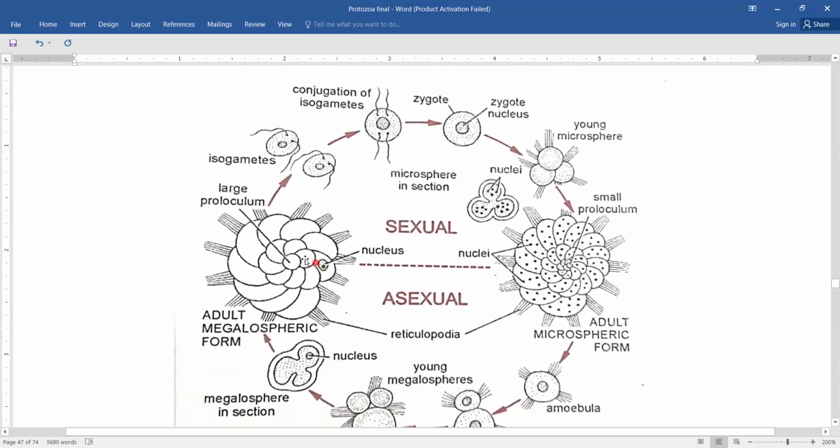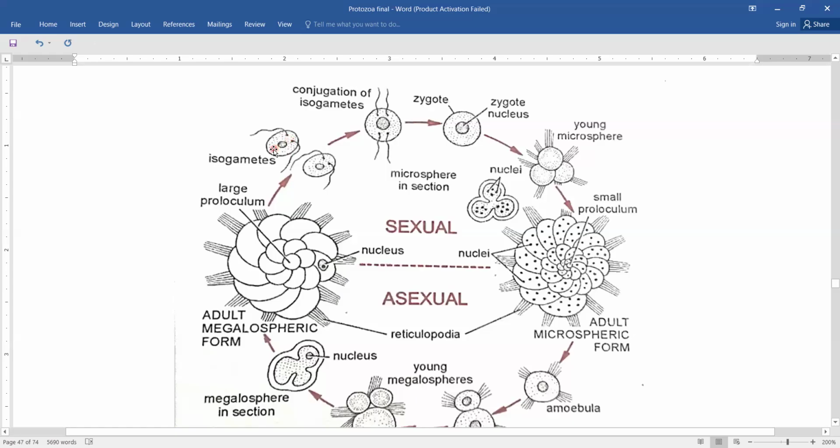This megalospheric form produces gametes, from two different megalospheric forms of the same species. They produce isogametes, each one with a pair of flagella.